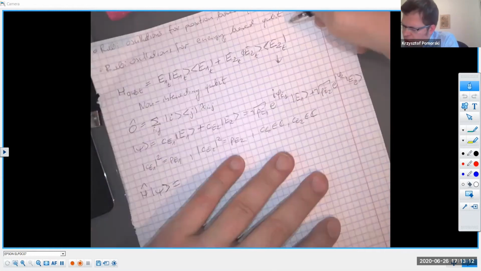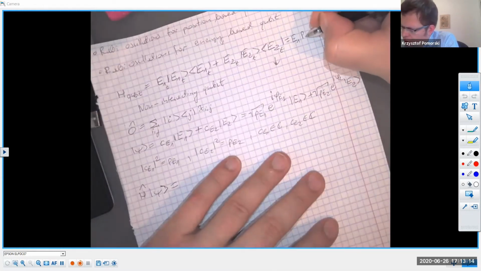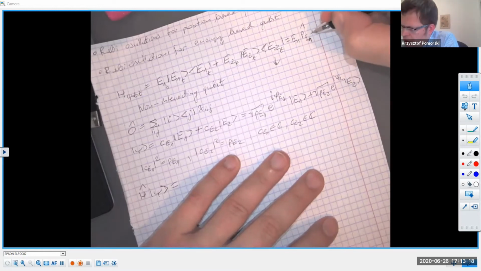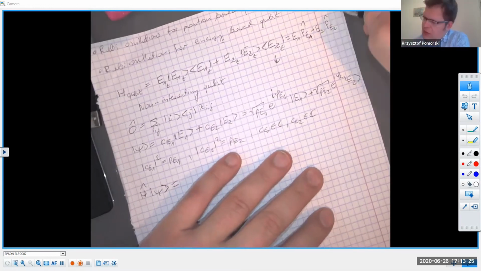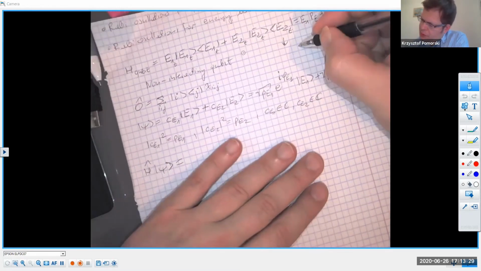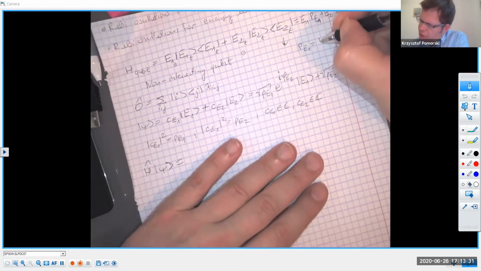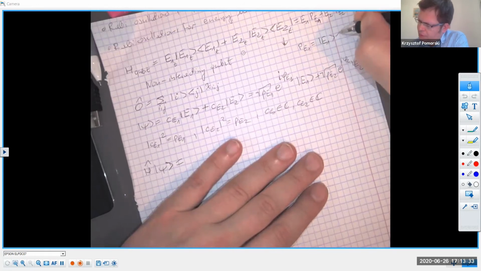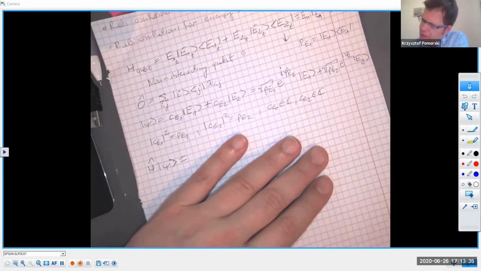So you can write it that way. This is projector 1. It projects on energy 1, and this is another projector. P_E1 is a projector of such form, right?